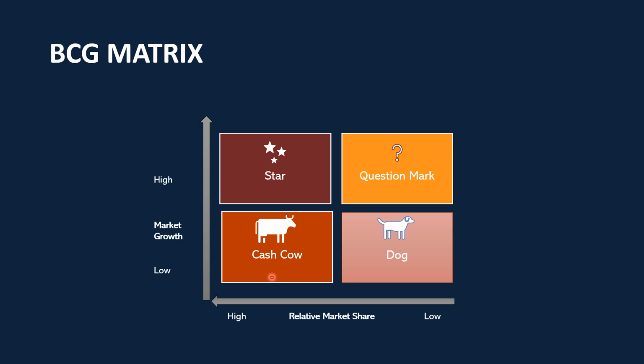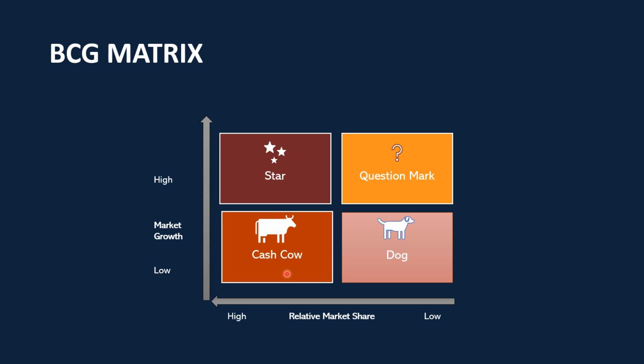The companies need to place the products that they have in each of these quadrants based on these 2 factors, which is the market share and the market growth. Once they place the products in each of these quadrants, they can go ahead with further analysis and strategizing. So let's begin with the first one, which is cash cow products.